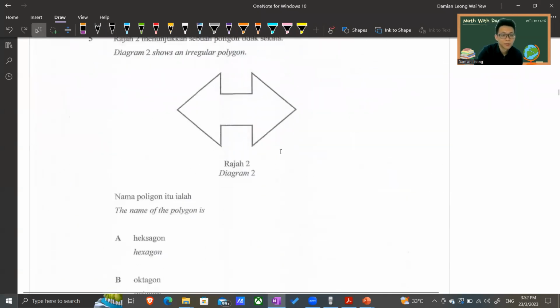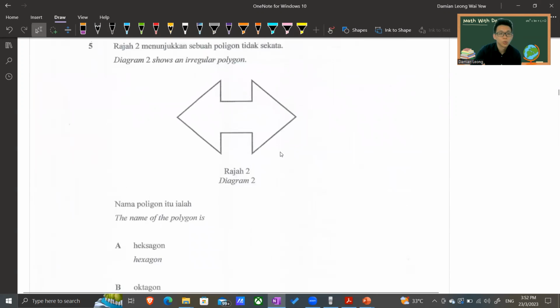Then the question 5. Diagram 2 shows an irregular polygon. Okay, so the name of this polygon, I look at the number of sides. Polygon, what type of polygon this is depends on the number of sides, number of straight lines. 1, 2, 3, 4, 5, 6, 7, 8, 9, 10.